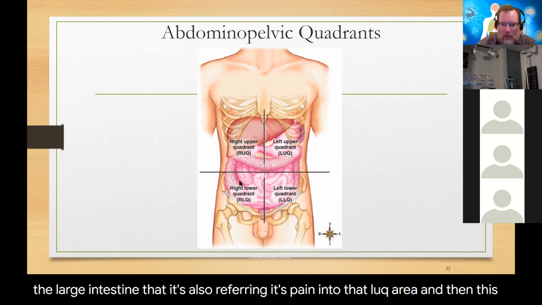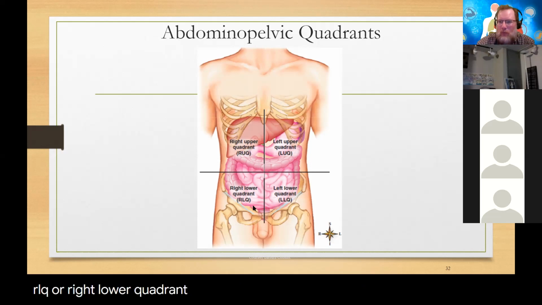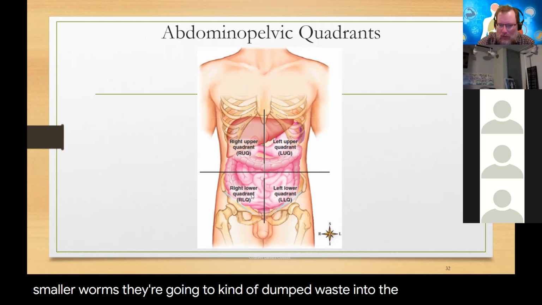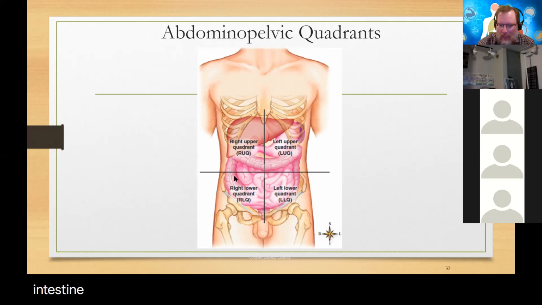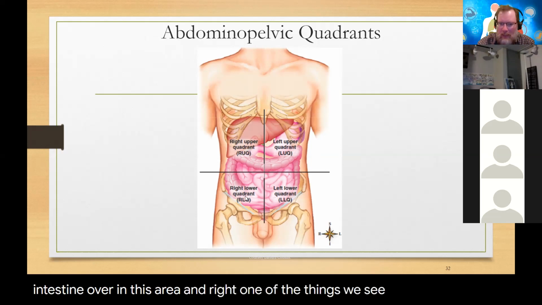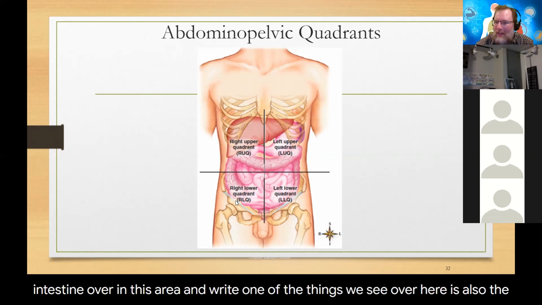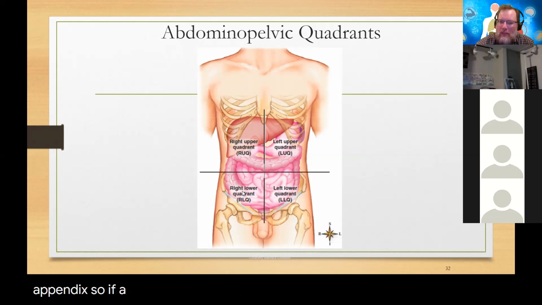And then this RLQ, or right lower quadrant, is where the small intestines, which are these smaller worms, are going to dump waste into the colon or the large intestine over in this area. And one of the things we see over here is also the appendix. So if a patient is presenting some extreme pain and sensitivity in this area, it could be indicative of an appendix attack.